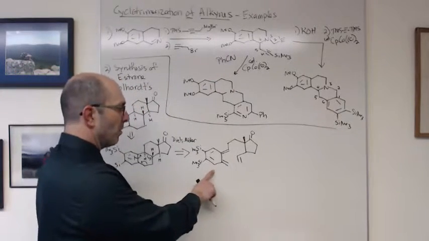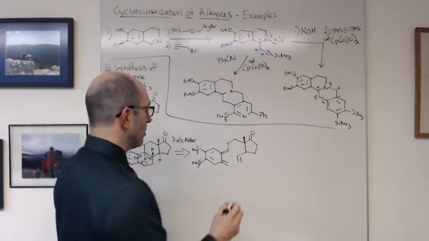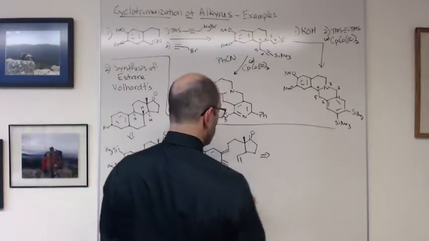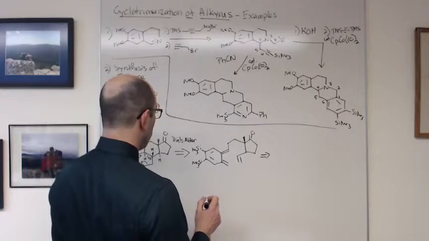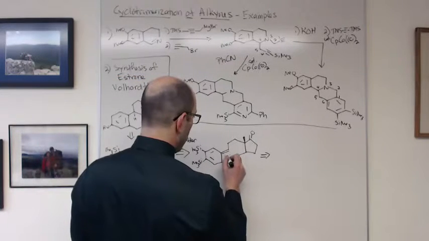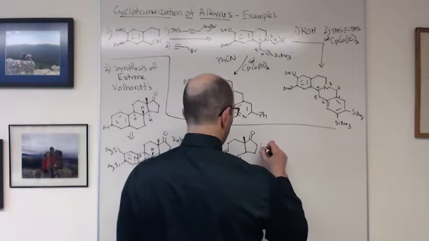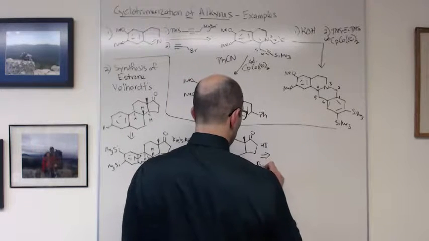That substrate is going to be very reactive towards the Diels-Alder reaction. It's not going to be stable, something we're going to have to generate in situ. Where does that come from? That's going to come from our 4-pi electrocyclic reaction.